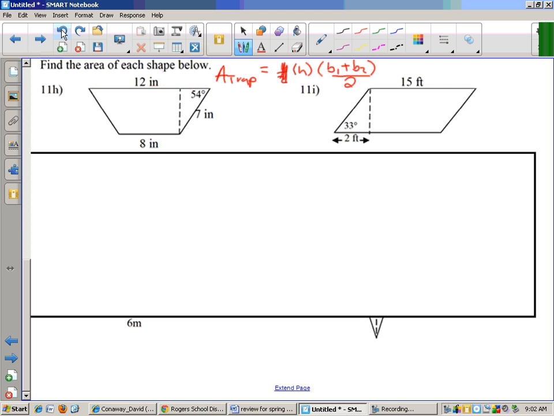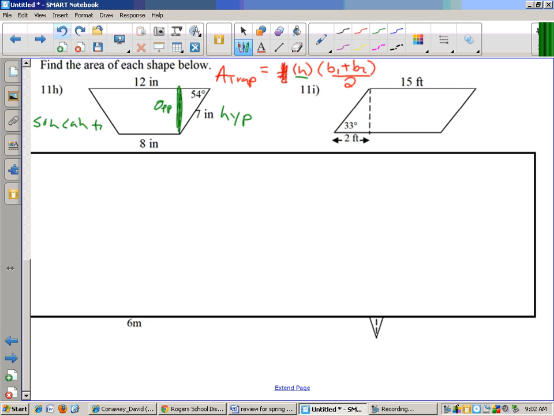So we need now to find the height because we don't know the height, and this is the height right here. But I can use SOH CAH TOA. I can use trig. If this is 54, that makes this opposite, and that makes this hypotenuse. What uses opposite and hypotenuse?